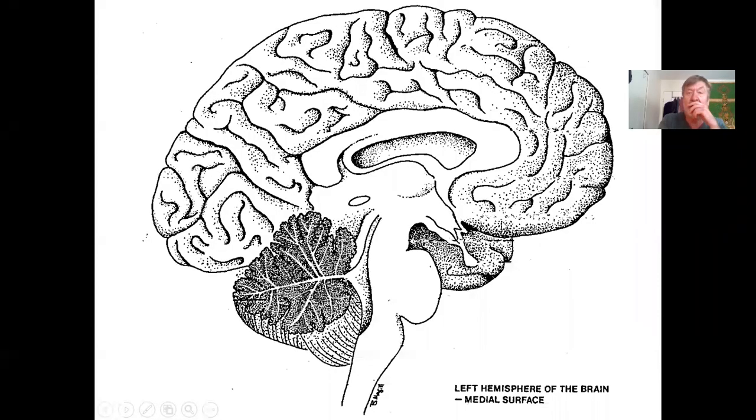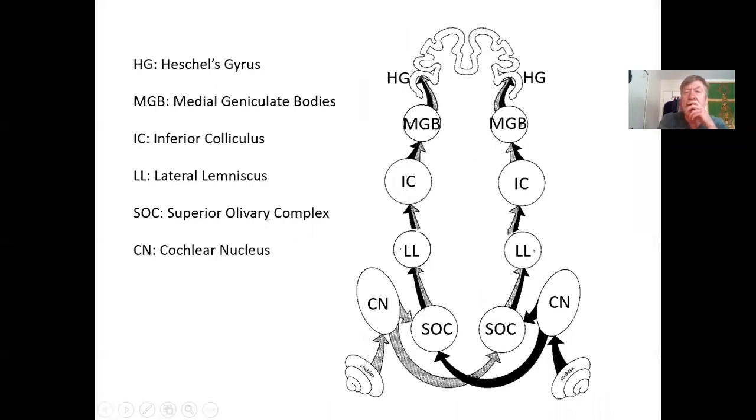Good. Again, medulla, pons, midbrain, thalamus, corpus callosum, cerebrum or cortex. If you were drawing the corpus callosum on this one here, it would be right there.